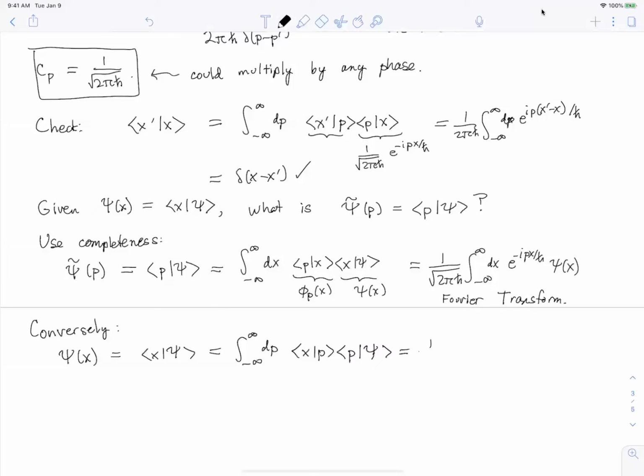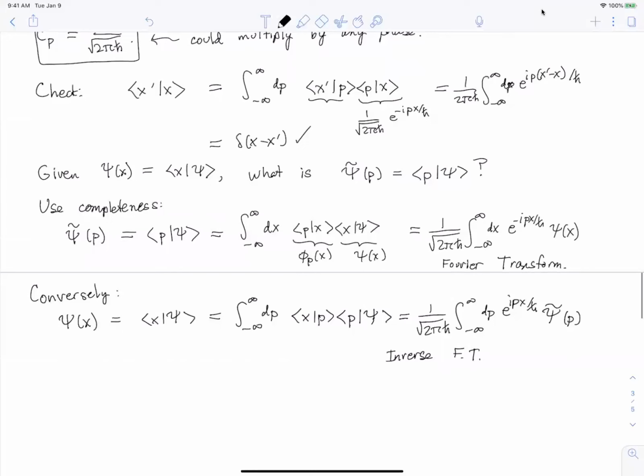But in this case, it's 1 over the square root of 2 pi h bar, integral from minus infinity to infinity dp, e to the positive i p x over h bar, psi tilde of p, which is the inverse Fourier transform. Which makes sense because we did the inverse operation. In one case, we found psi tilde of p given psi of x, and then secondly, we found psi of x given psi tilde of p.